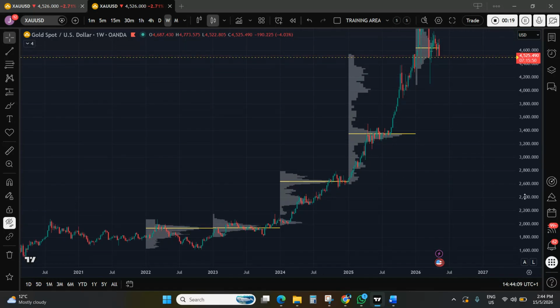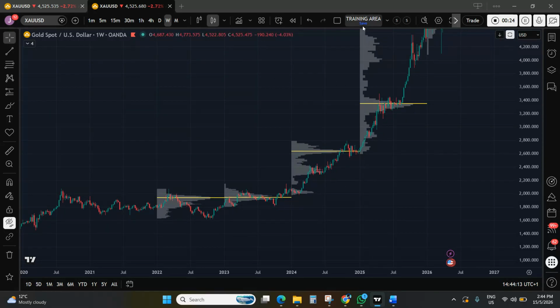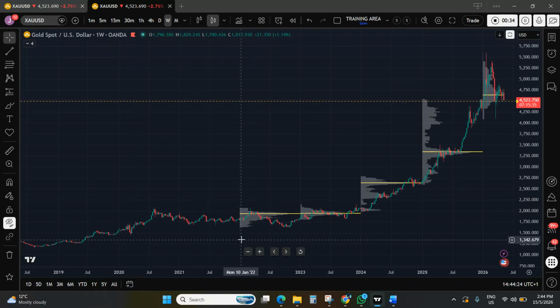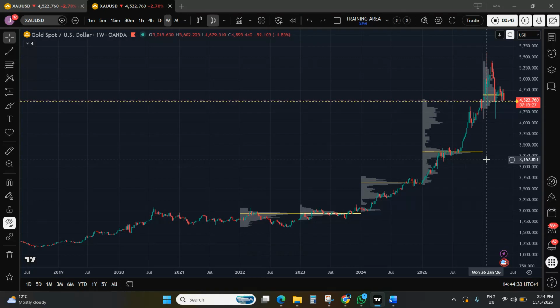Okay, so here I am on a gold chart, weekly time frame, and I have already turned on my volume profile indicator, right? So here you can see from almost January 2022 until this year, that is January 2026.